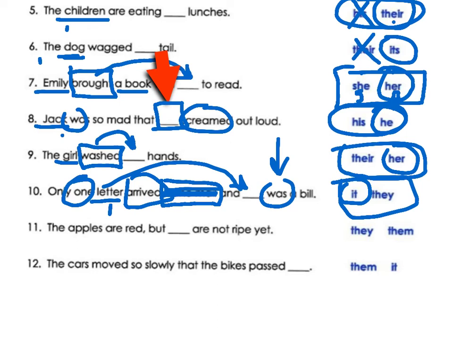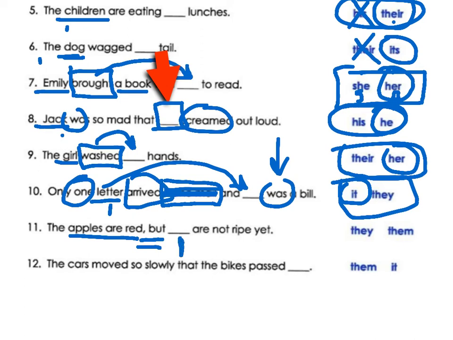Number 11, the apples are red, but blank are not ripe yet. The subject, we've got apples are red. That's a complete independent sentence on its own, but blank are not ripe yet. You've got a comma and a conjunction, which means you're starting the second part of this compound sentence.